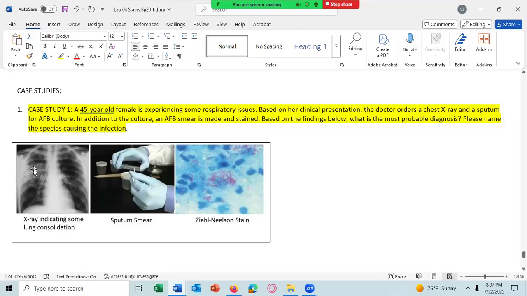In addition to the chest X-rays, they take an acid-fast bacteria smear on a sputum, right there, the sputum smear, and then they do the Ziehl-Neelsen stain. In case study 1, you need to state the species of bacteria causing the infection. Don't just tell me the disease. You need to tell me the species causing the disease for case study 1.